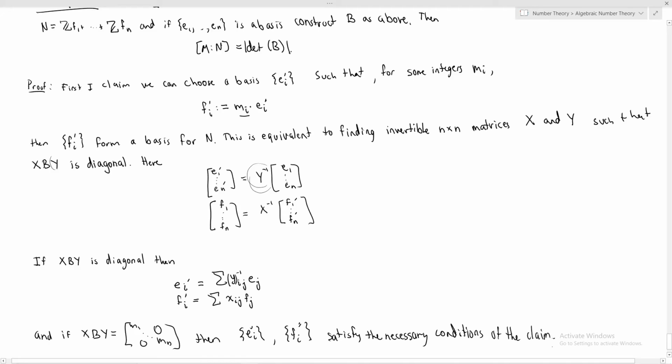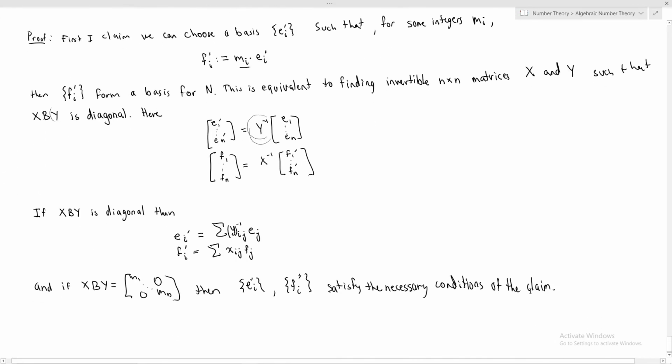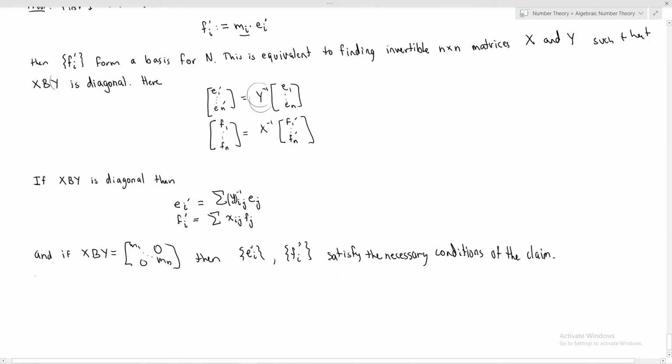So what is going on here? First I'm basically saying I can choose some nice bases for M and N that will make this problem a lot easier. So how do I know that I can always diagonalize this? I'm not going to prove this. If you've seen the proof of something like the classification theorem for finitely generated modules over a principal ideal domain, then you've seen this before. If not, you probably haven't.